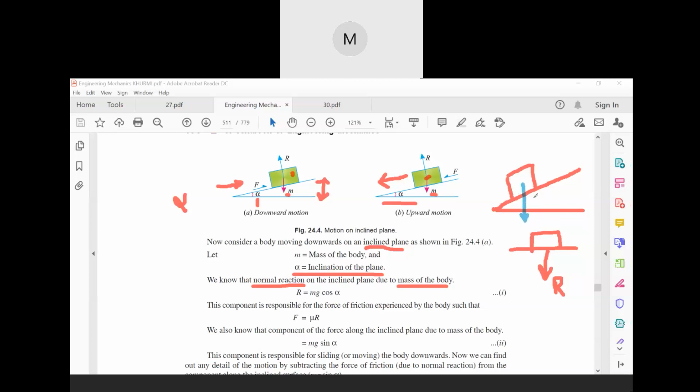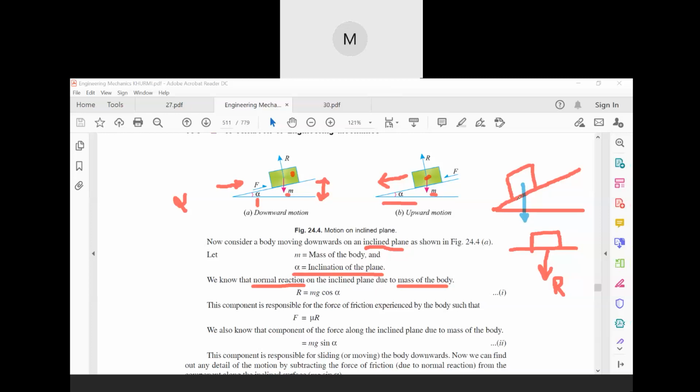So be it inclined or parallel to the ground, in both cases we have the normal reaction vertically downwards. So this is the normal reaction of the body.